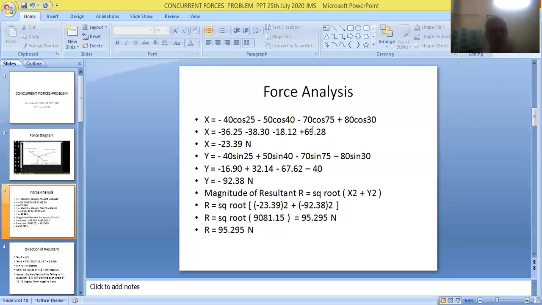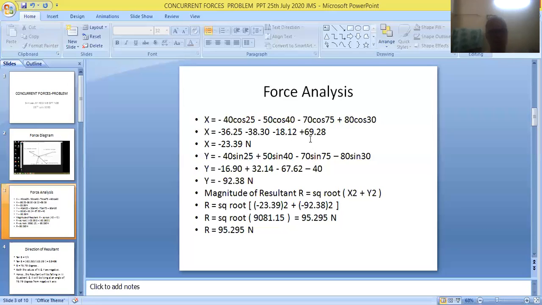We are putting negative. So friends, we can calculate the values: 40 into cos 25 coming to 36.25, 50 cos 40 coming to 38.3, 70 cos 75 coming to 18.12, 80 cos 30 coming to 69.28. So all these values are negative and this value is positive.